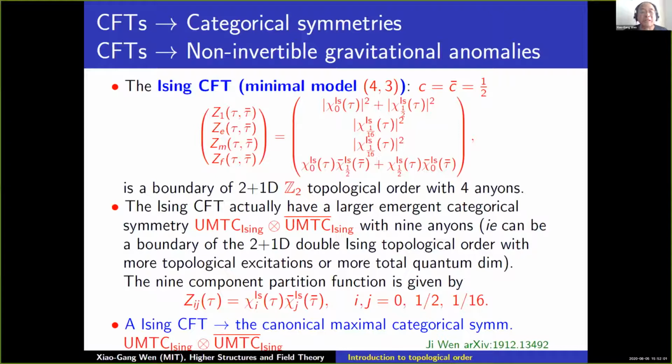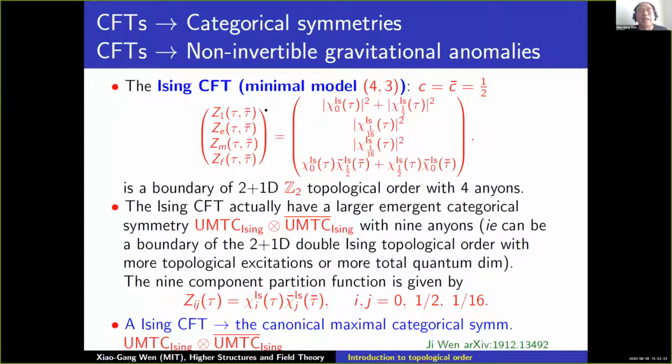Actually, the answer is yes. This Ising model is a boundary of, I don't know how to call this, a unitary modular tensor category, called Ising, and its conjugate. And this double Ising has 9 anyons.